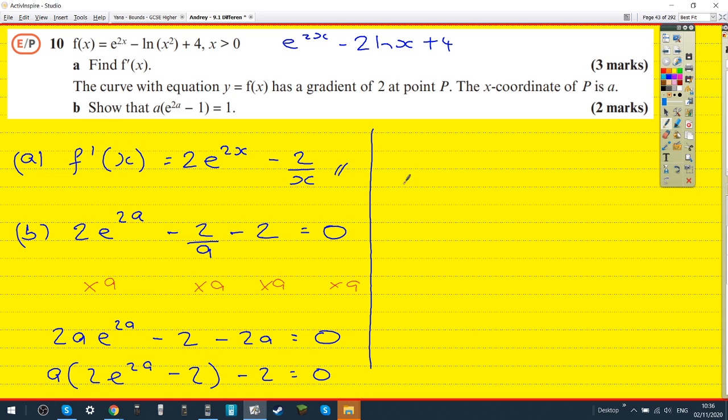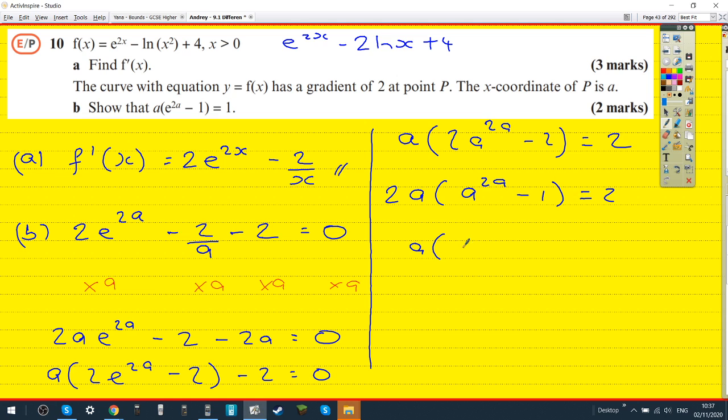Then plus 2 and then divide both sides by 2. Kind of. So if you plus 2, you get that. What do these two have in common? In the bracket? 2. Yeah, so you can fully factorize that. And then you can divide by 2.